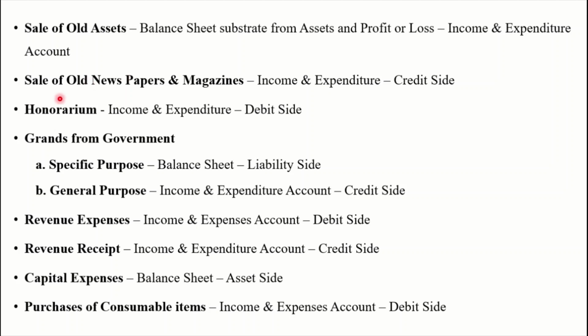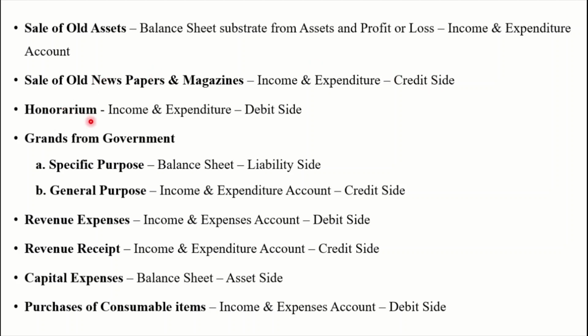Then sale of old newspapers and magazines. These are recurring in nature, so we treat the sale of old newspapers and magazines as income, and we record it on the credit side of the income and expenditure account.